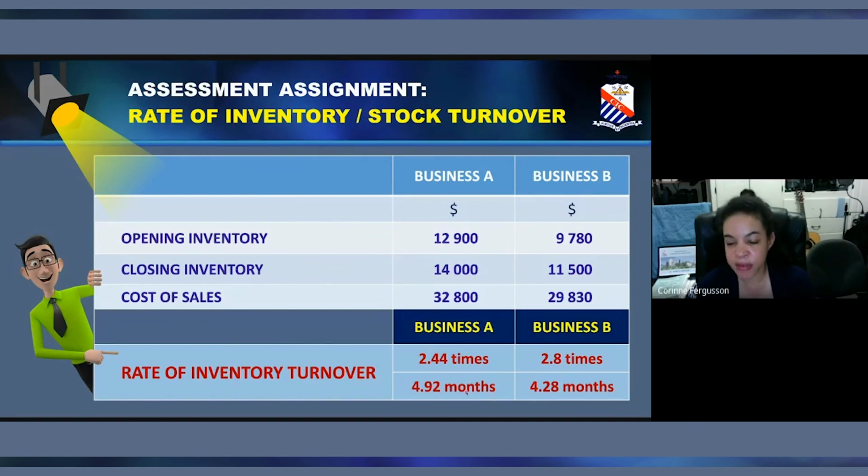And then in terms of months, you're looking for the smaller figure. So this is the smaller figure, 4.28, meaning that they're taking less time to sell their stock. Business A is taking a longer time to sell their stock. So both these figures show that business B is getting rid of their stock faster. So they're doing better in terms of their activity, in terms of selling the stock.